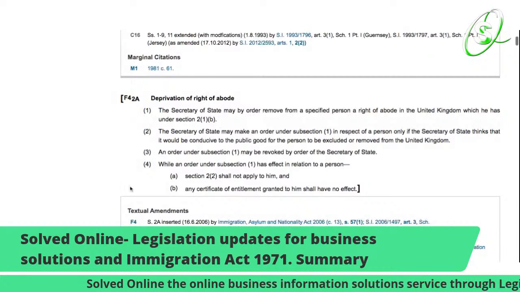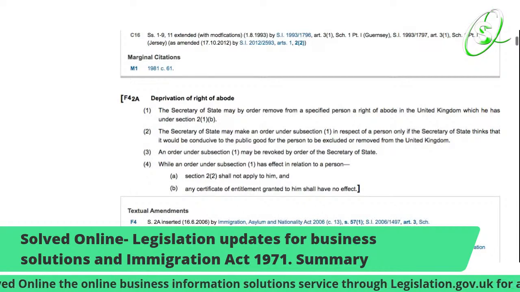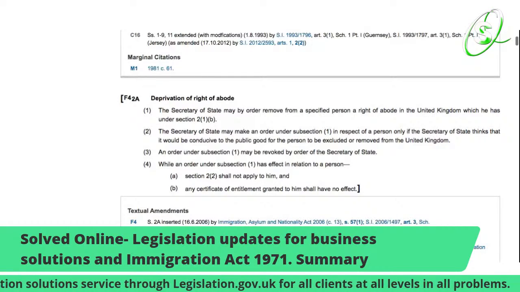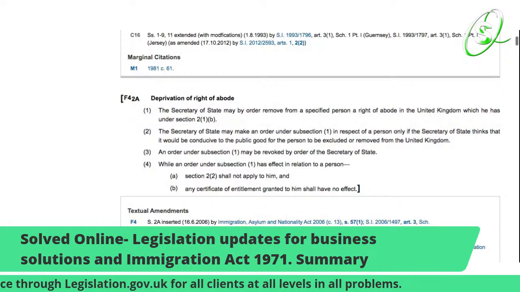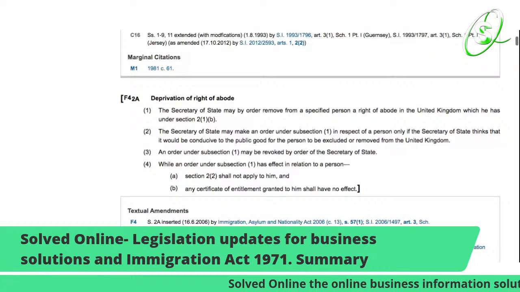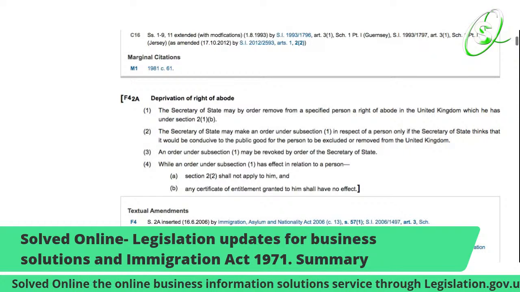The Secretary of State may make an order under subsection 1 in respect of a person only if the Secretary of State thinks that it would be conducive to the public good for the person to be excluded or removed from the United Kingdom.